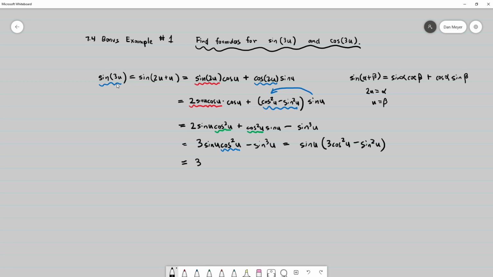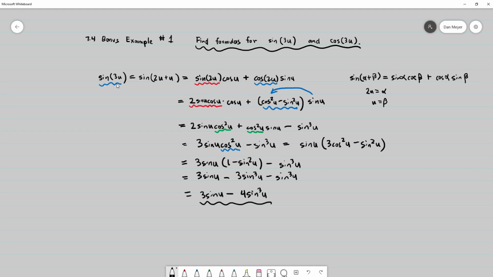So let's go ahead and do that. 3 sine of u times 1 minus sine squared u minus, we still have this sine cubed u at the end. So we've got 3 sine u minus 3 sine cubed u minus another sine cubed u. So that ends up being 3 sine u minus 4 sine cubed u. I like that one the best. That's my favorite right there.